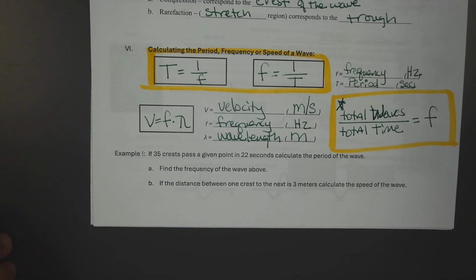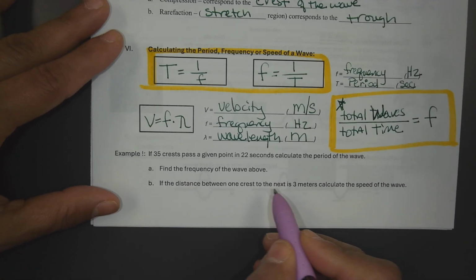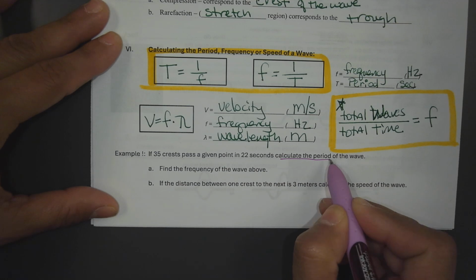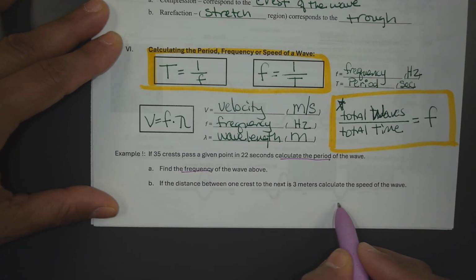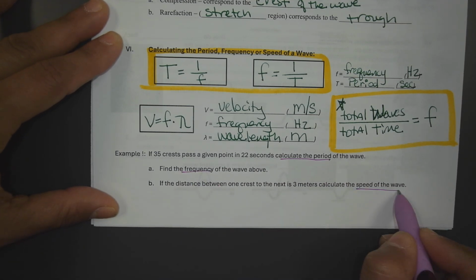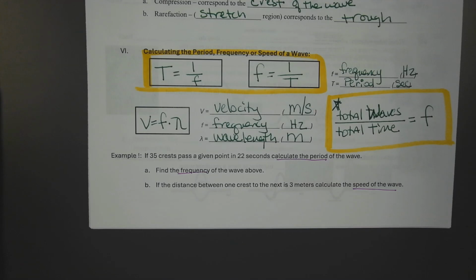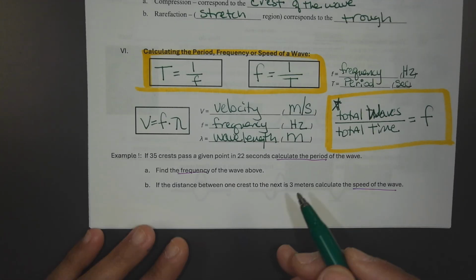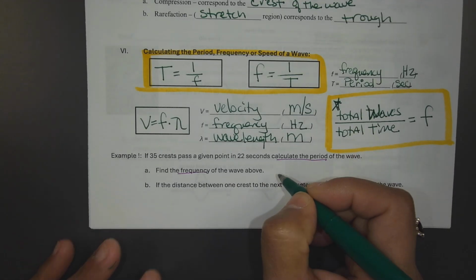So here, they would like for us to calculate period, frequency, and the velocity. The problem is they don't give us frequency or period. And since we don't have that information, it's easiest to use this equation.